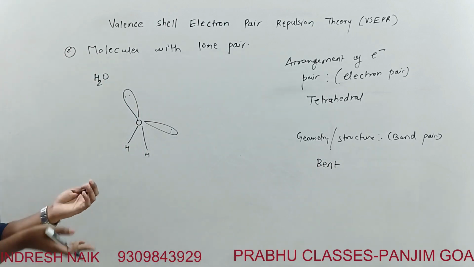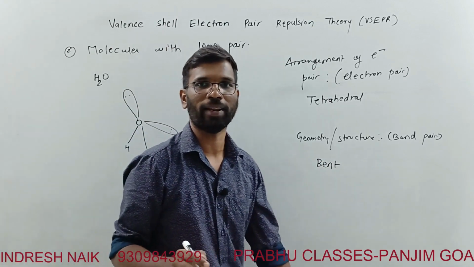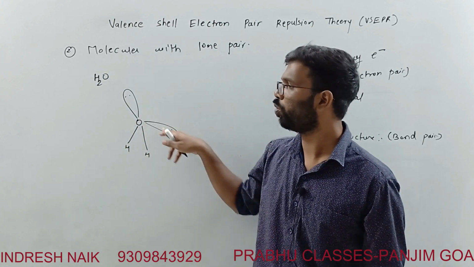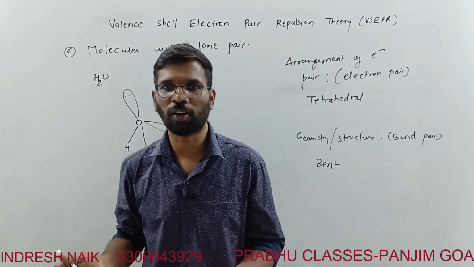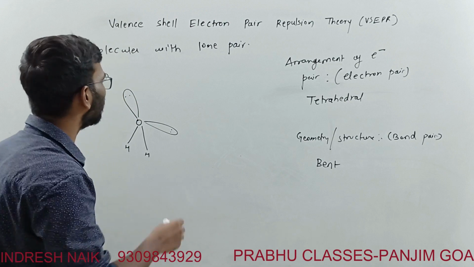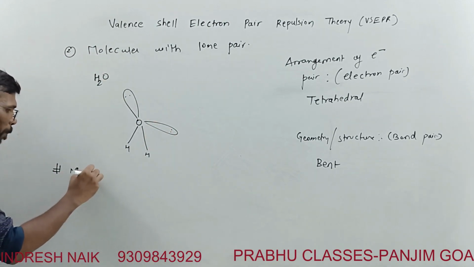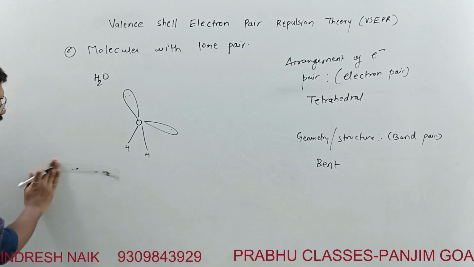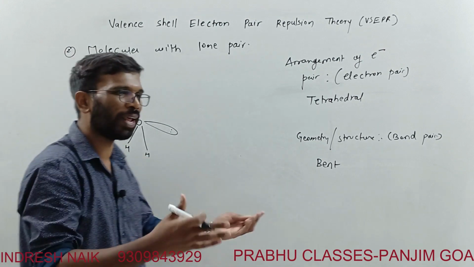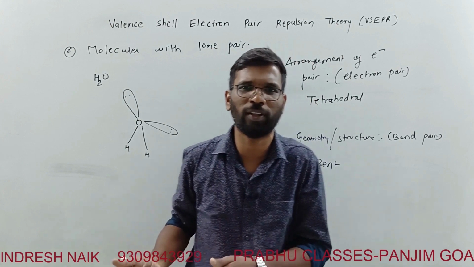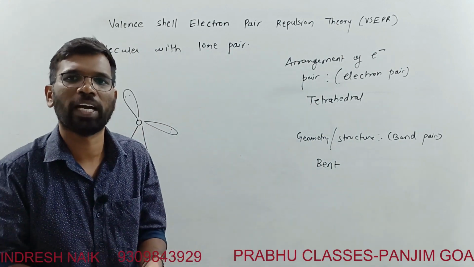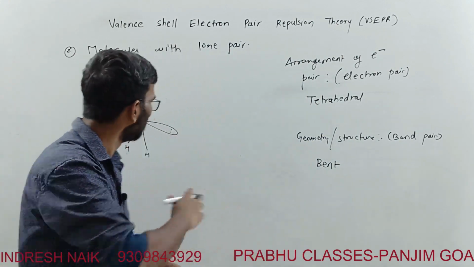What we observed in ammonia was just one lone pair, and here there are two lone pairs. So more is the number of lone pairs, less is the bond angle. You can make a note of this. I'll discuss the lone pair bond angles in detail with one problem, and let's understand when the bond angle will be more and when it will be less.